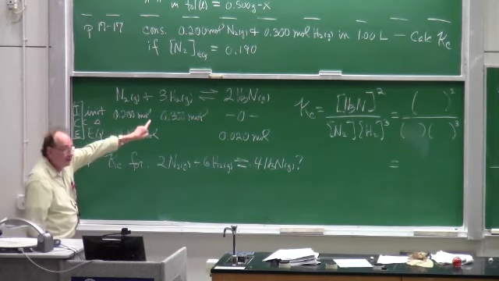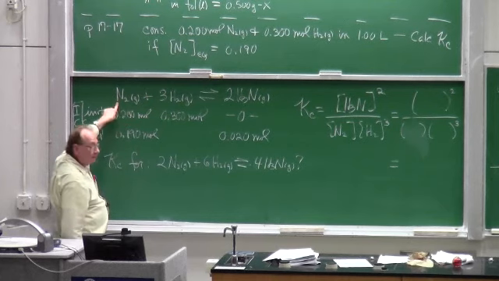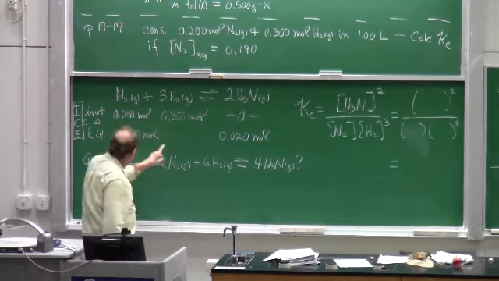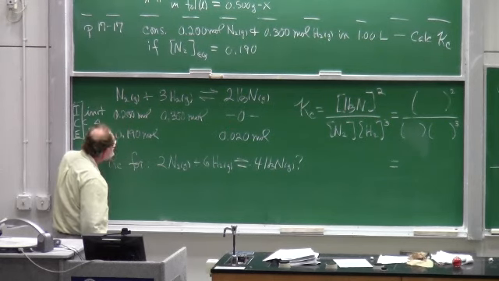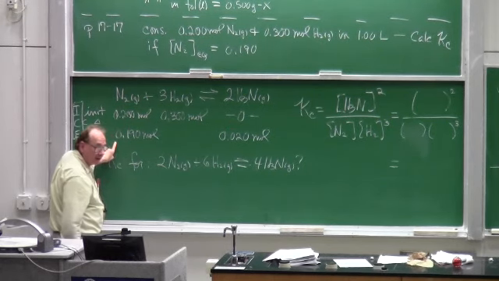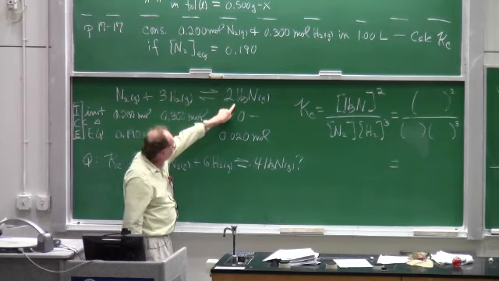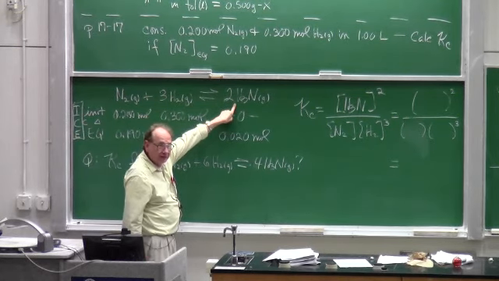Because this statement tells me, if I use a mole of this, I can make 2 moles of this. How much of this did I use? 0.010 moles. So I will have made 0.020 moles of this.